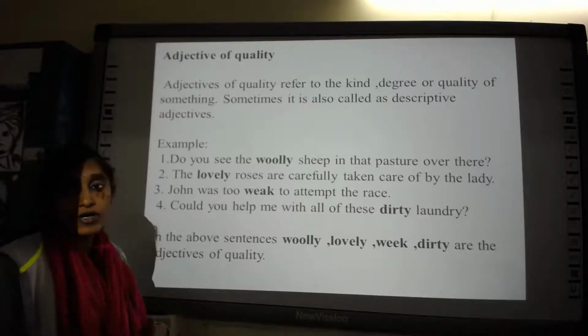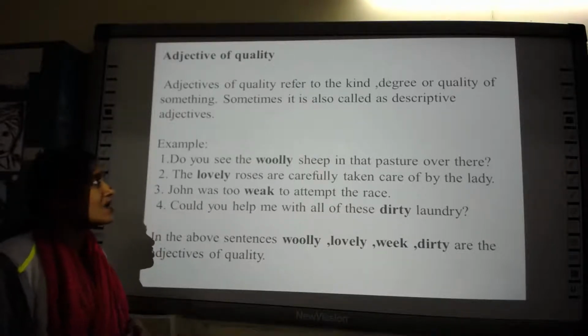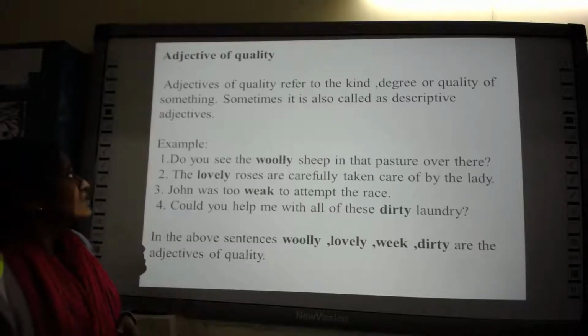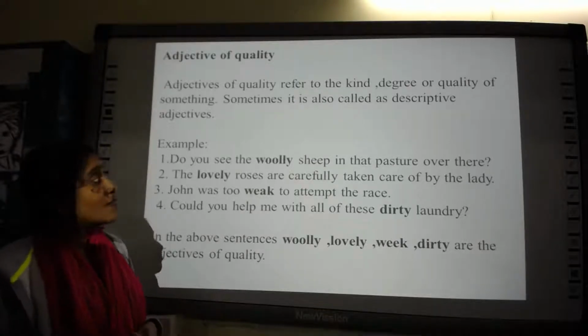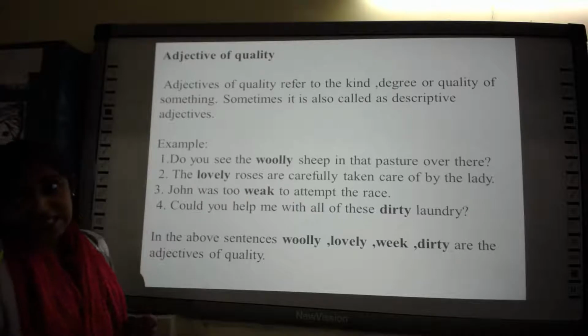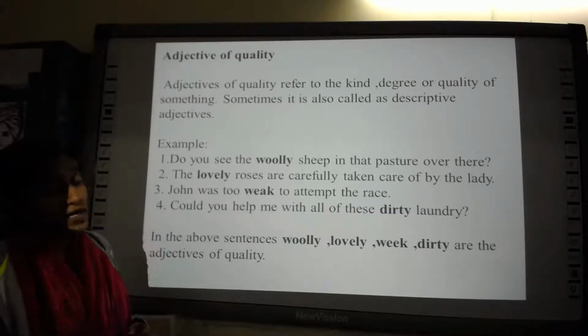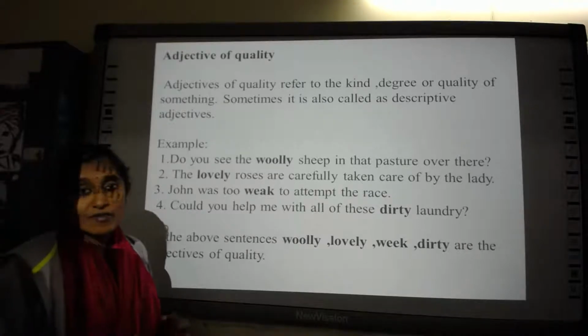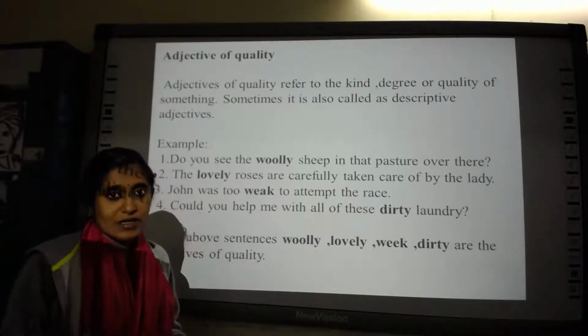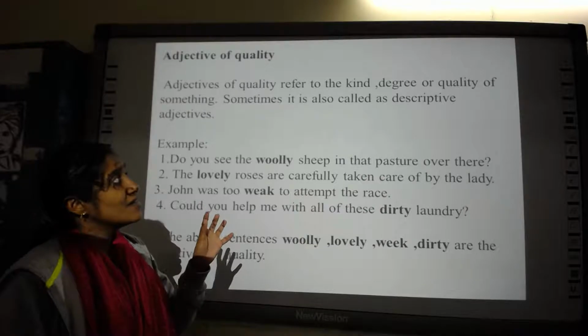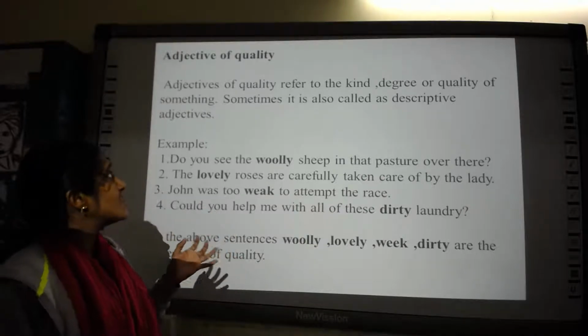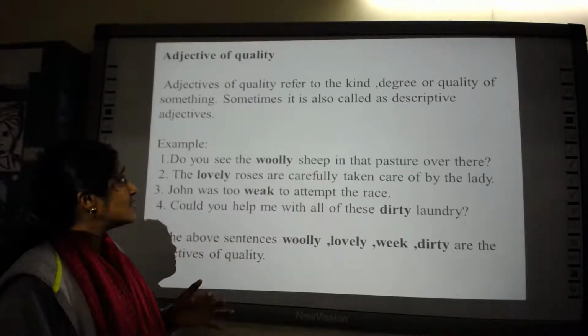So what do you mean by quality? Adjectives of quality refer to the kind, degree, or quality of something, that is, what kind of thing it is, what is the degree or the quality of that particular thing.